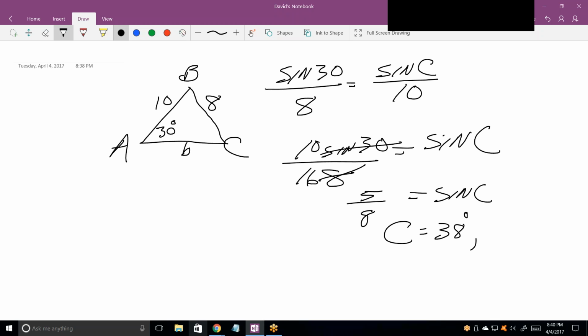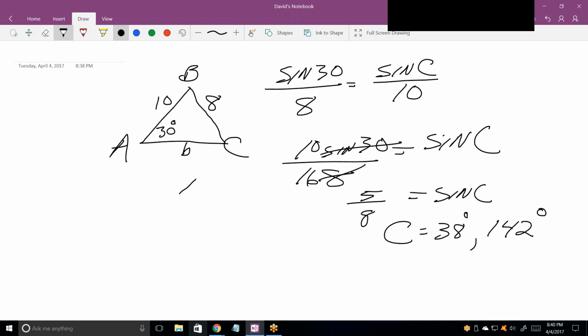What's the other angle that C could be? And this is the necessary step you want to do every single time. 140. Now, does 142 fit? Yeah, it does.